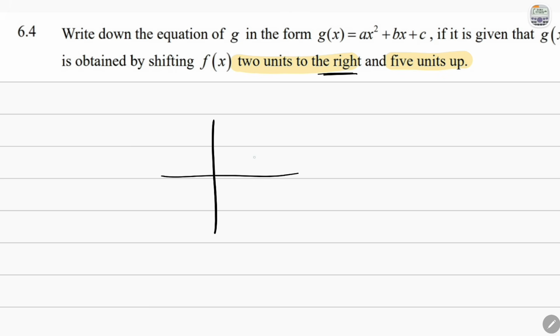If a point is shifted to the left or the right, it's only going to affect which coordinate, x or y? If I say shift this point 2 units to the right, you shift it to the right from this point and it becomes 2, 3, 4. So it becomes 4 and 1. Only the x value will change.